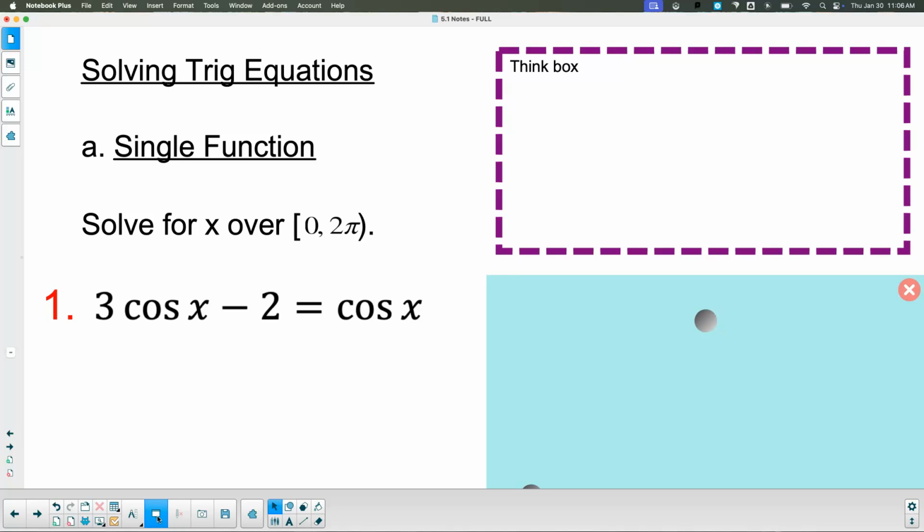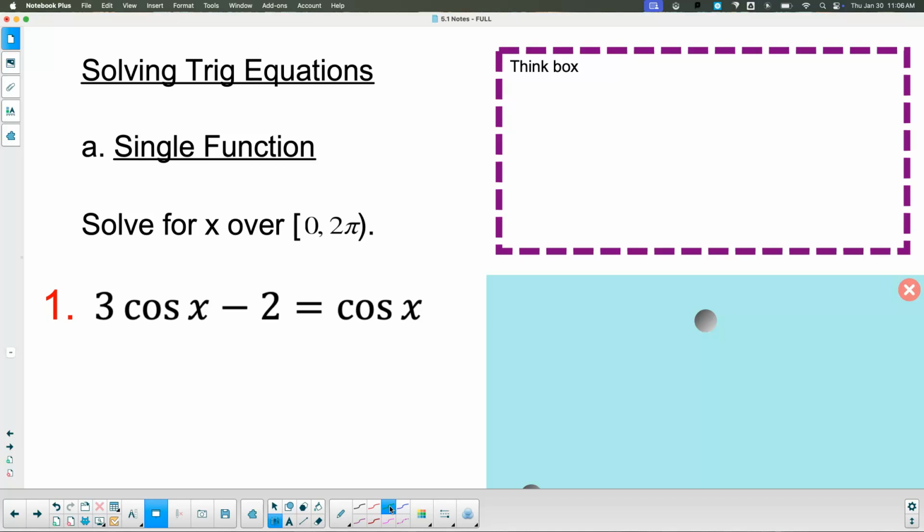So this is an example of a trigonometric solving function. The reason I've got a think box up there is because when I don't see it as a trig function first, I see it as an algebraic function.